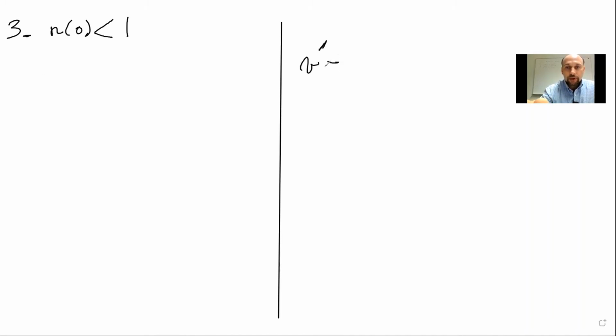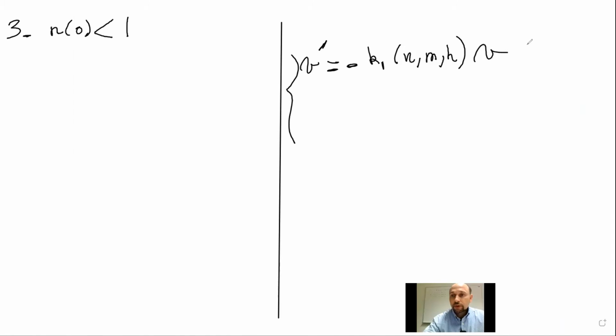So you can write b prime equals minus k1 of n, m, and h, where k1 is a function which comes from the HH equations, times m plus k2.